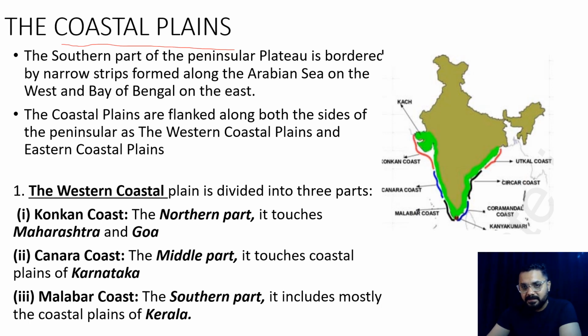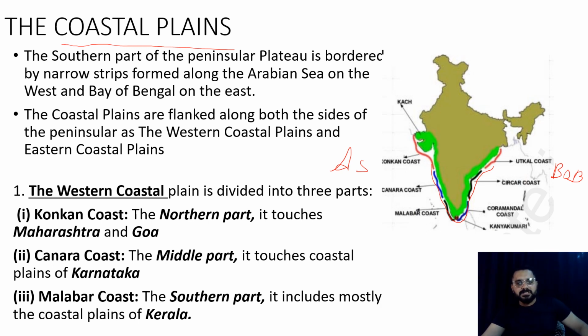On this peninsular part you can see that there is a plain that is flanked by oceans on both the sides. Here we have the Arabian Sea and here we have the Bay of Bengal. That portion of the land which is flanked by oceans is called the coastal plains.